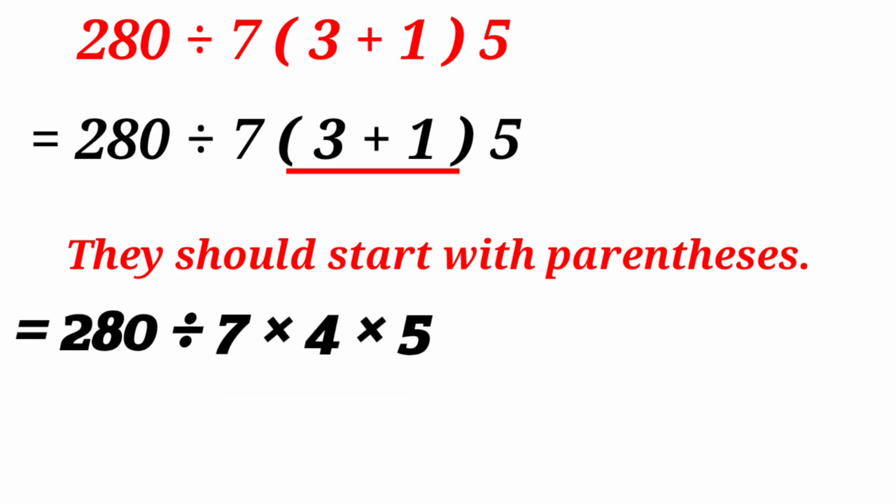They should start with parentheses. 3 plus 1 is equal to 4, so 280 divided by 7 times 4 times 5.